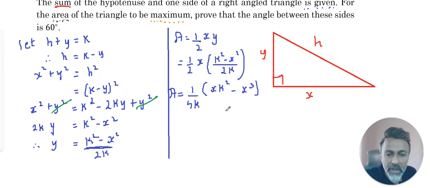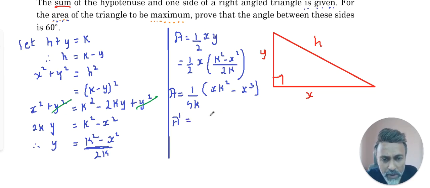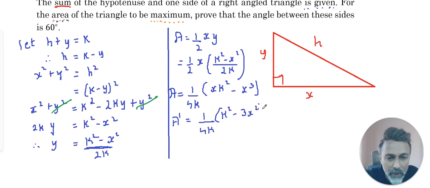Now everything is in terms of x and k, but k is a constant, so we can differentiate. A dash, differentiating with respect to x, is equal to 1 upon 4k into k square minus 3x square, and equate this to 0.